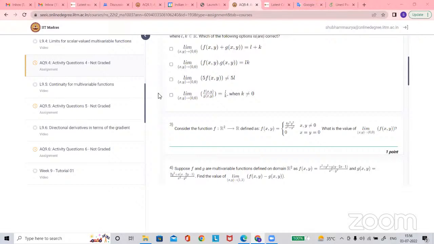Yeah, I'm getting it. If the partial derivative exists and is continuous, then we can say that the limit exists. So yeah, there is one condition. Let me search. Just 1 minute.